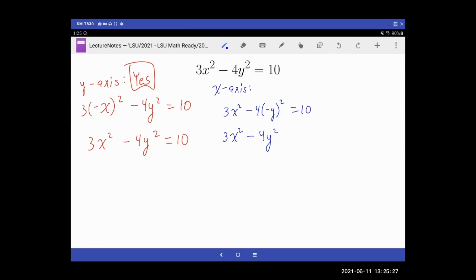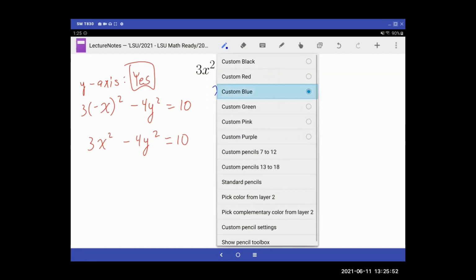Another way to think about it is we have two negatives here because that's negative squared, and a third negative. So that's an odd number of negatives, so you should still have a negative. Yeah, there's a couple ways to think about that. All right, equals 10. Compare that to the original. It's the same. This one is symmetric with respect to the x-axis.